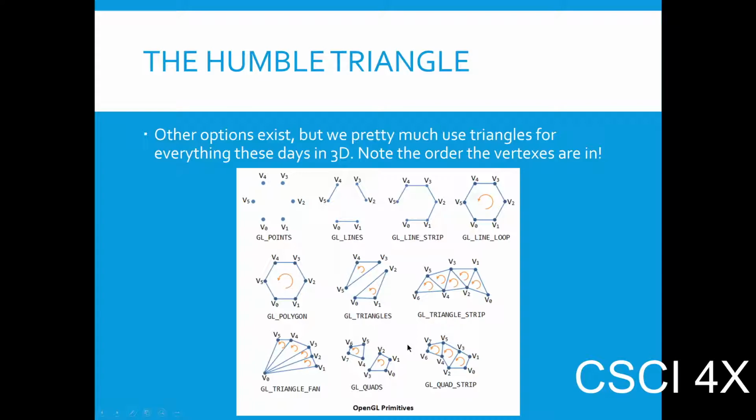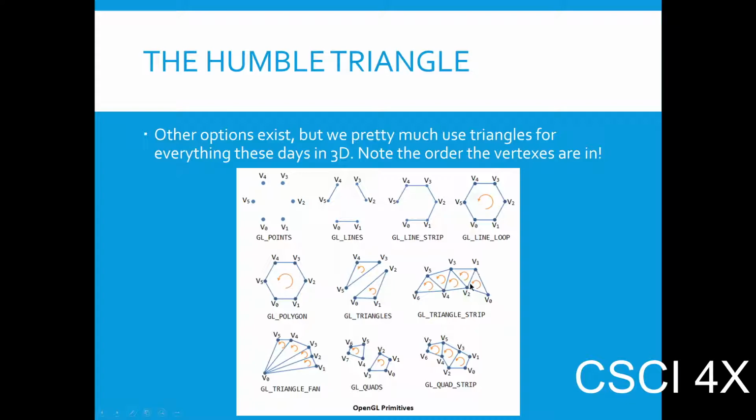One of the nice things about doing a triangle strip like this is that you don't have to repeat the vertices every time. If you have a bunch of separate triangles, it's 3 vertices per triangle, right? But here, check this out. Vertex 0, vertex 1, vertex 2. If I want to add another triangle, I only need to add one more vertex. You guys see that?